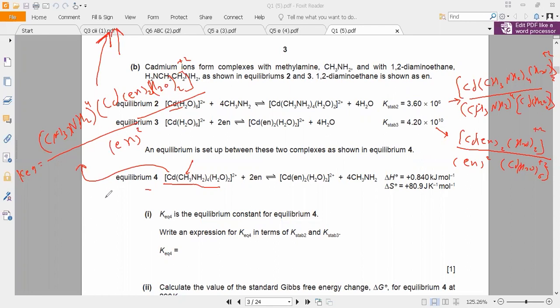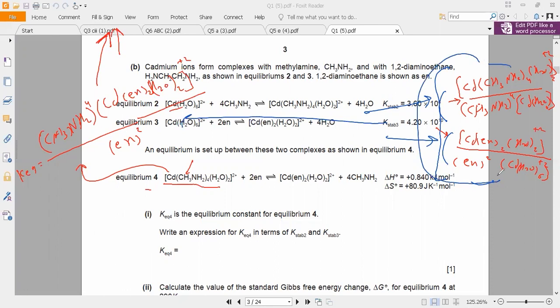Guys, look, I need a way in which I multiply this equation by this equation, or divide this one by this one, or this one by this one, to get the same thing.